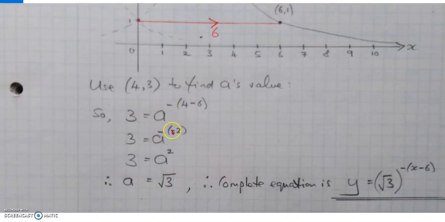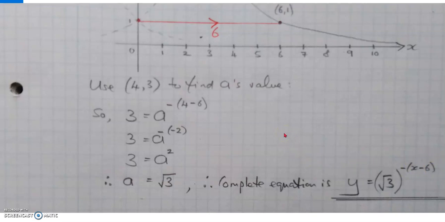So this minus 2 and this minus here are going to go to positive 2, which gives us the fact that a is the square root of 3. Okay, so the complete equation is y equals the square root of 3, all raised to the power of minus, brackets, x minus 6, close your brackets.